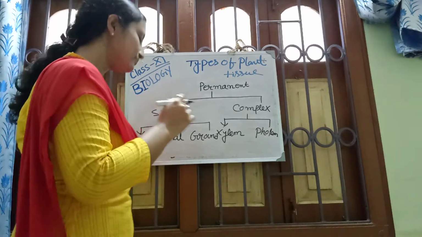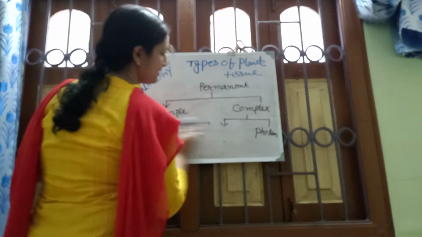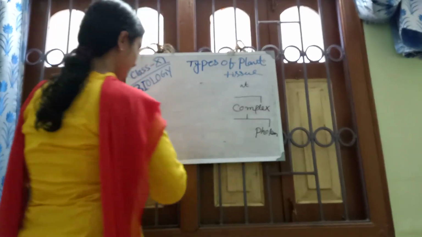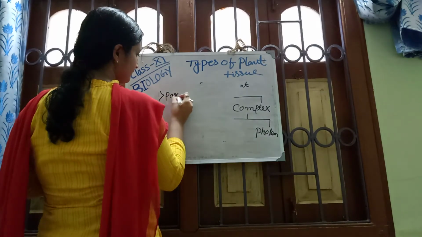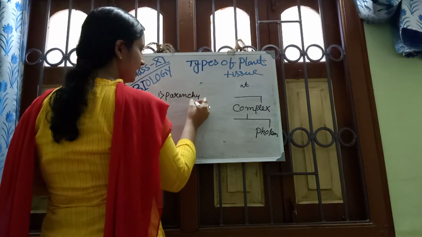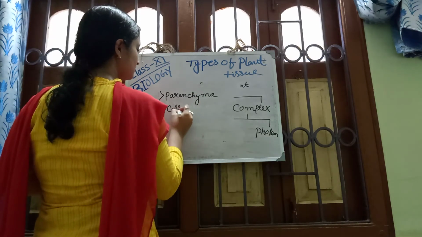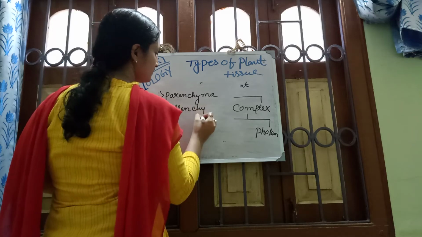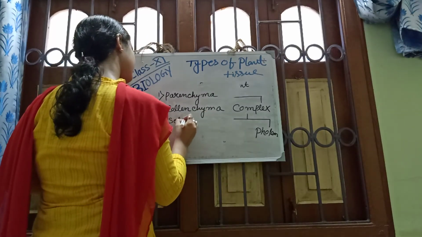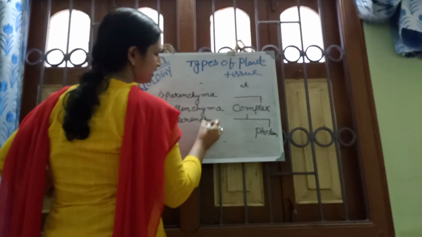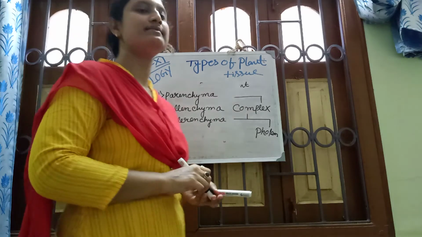Ground tissue is again divided into three types: parenchyma, collenchyma, and sclerenchyma.